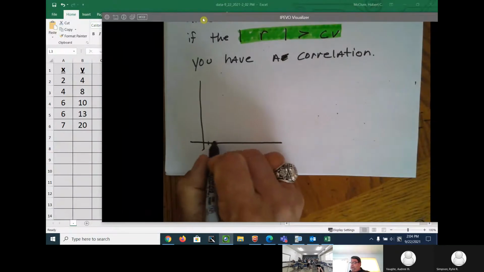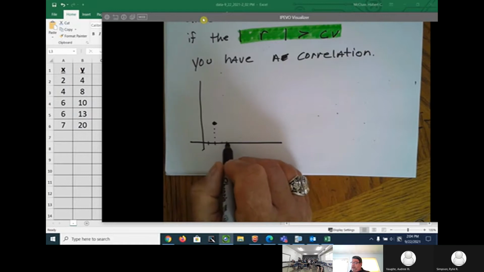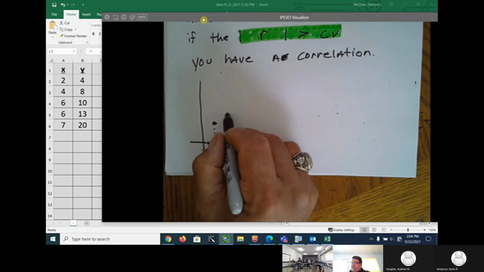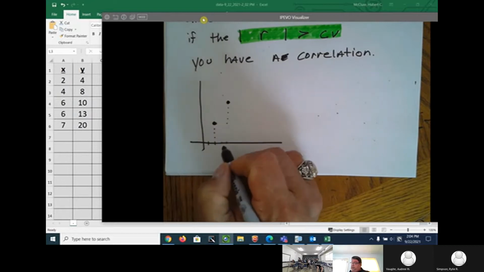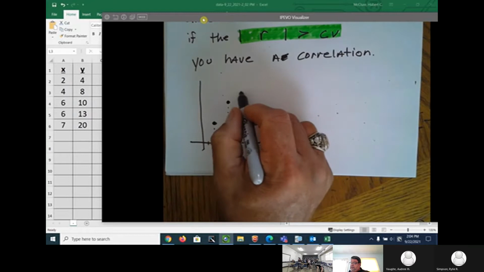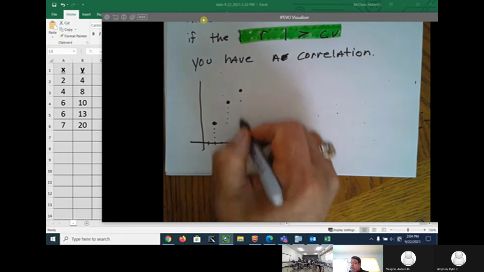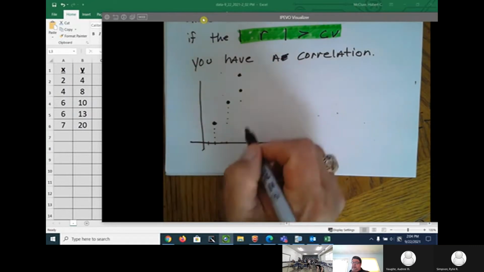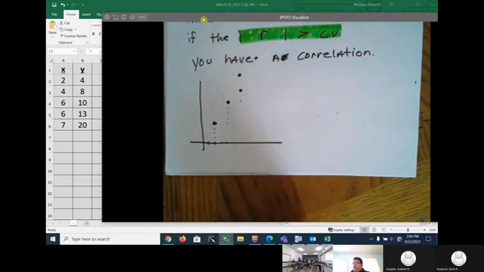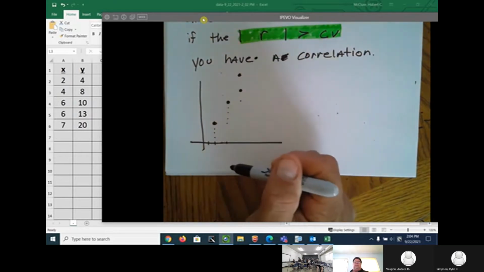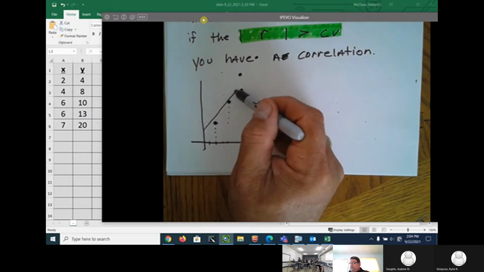So 2, 1; 4, 8; 6, 10; 6, 13; and 7, 20. So that's way up there. So you got 5 points that look like that. So you're probably going to have some kind of line that looks, I don't know, like that.